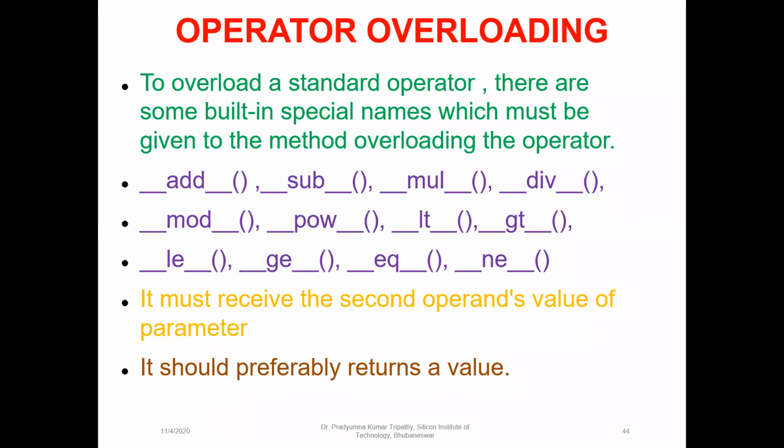Suppose plus is adding two integers and you are giving extra meaning to add two objects. This doesn't mean that the previous meaning will be lost. The process of giving additional meaning to the existing operator doesn't revoke the basic functionality of those operators.